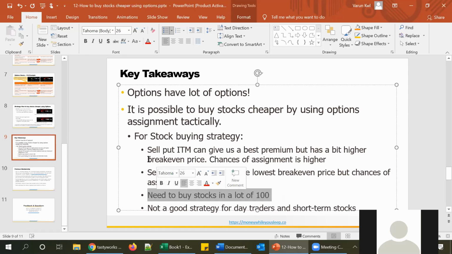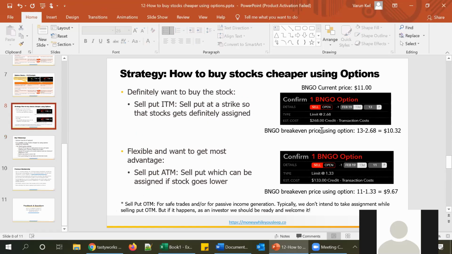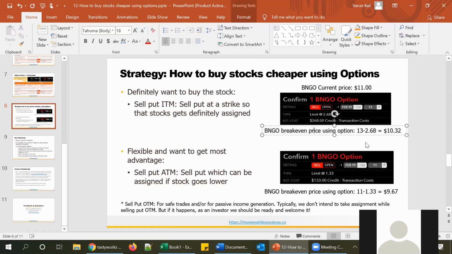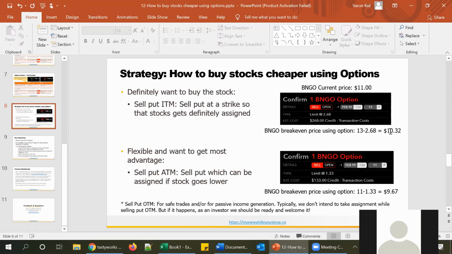So sell put in the money can give us the best premium. As we have seen in this case, the premium is $2.68 here, and in this case it is $1.33. So if you just see from a layman's perspective, you will say, okay, this is giving me a higher premium, so let me put this particular option. But if we go in a break-even pricing mode, then we see the break-even here is more, and here it is lesser.